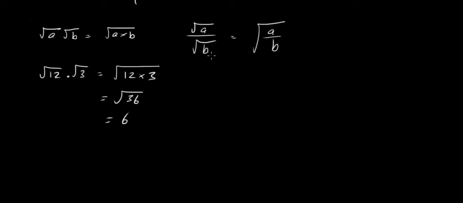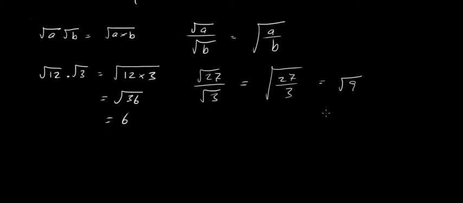Similarly here, we'll do the square root of 27 over the square root of 3. Well, you can write that as the square root of 27 over 3. That's the square root of 9. So that's just 3. That's just applying these two rules.